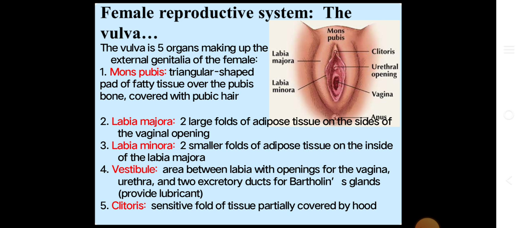The vaginal opening is located between the opening of the urethra and the anus. It is flanked by the outlet of the Bartholin's glands, also called the greater vestibular glands, which provide lubricant.